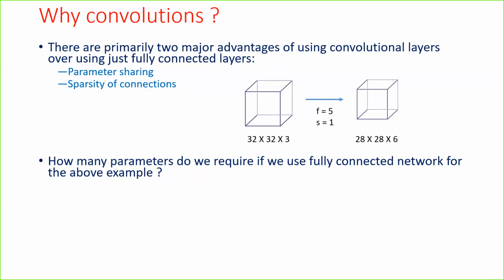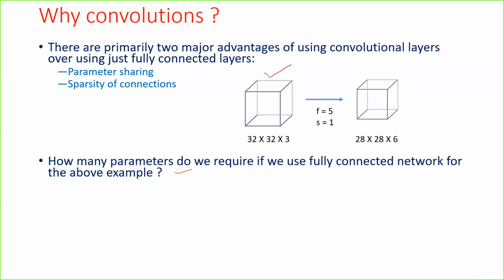Question to you now. So here is the question. How many parameters do we require if we use a fully connected network for the above example? How many neurons are there at this layer?